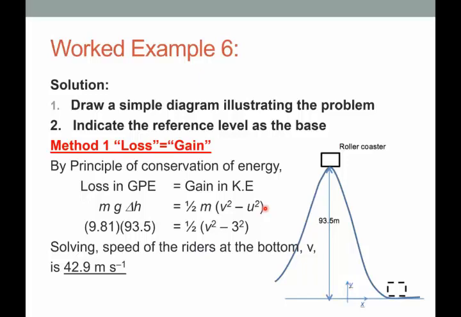Substituting in the values for the mg, the m will cancel off, leaving the g, the h and the u squared. From solving the equation, you will obtain the speed of the riders at the bottom, v, to be 42.9 meters per second.